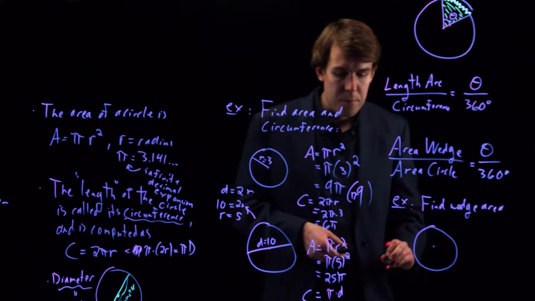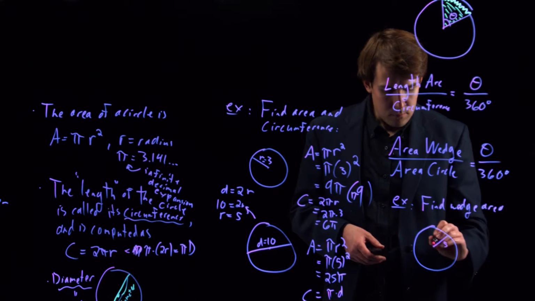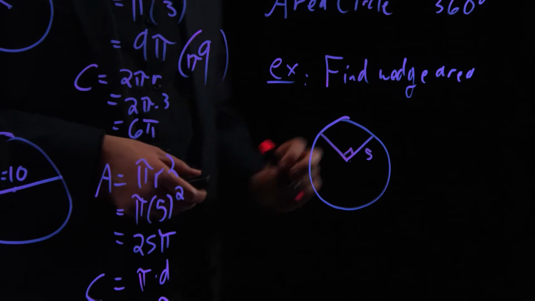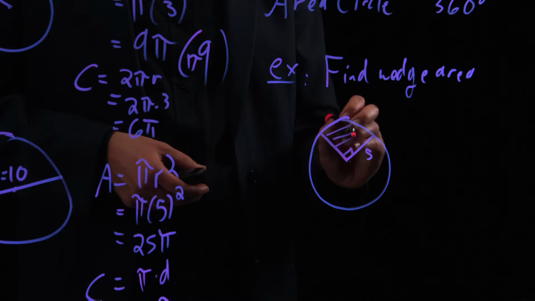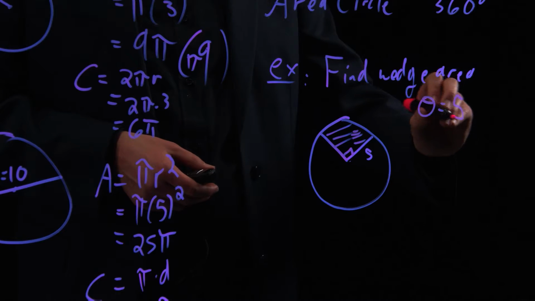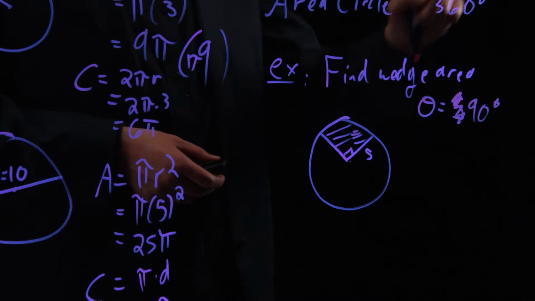So I have a circle with radius 5. And let's say I take out a slice of size 90 degrees, or with a 90 degree angle. So here, theta is equal to 90. So I know theta.